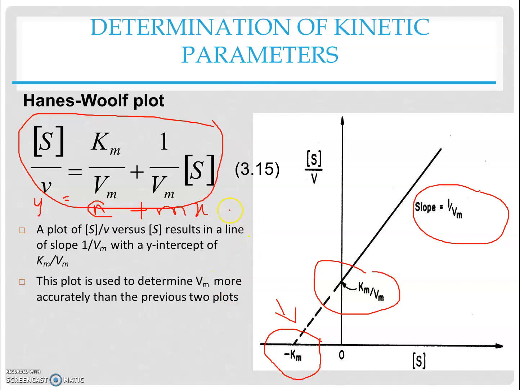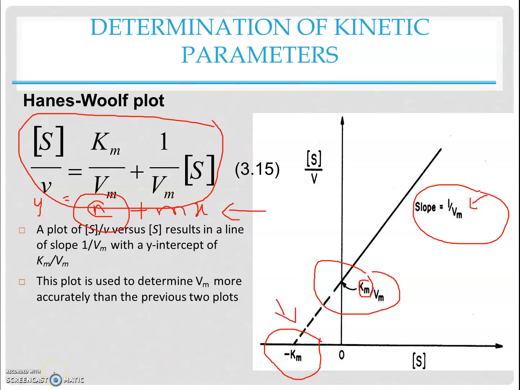We just refer to the linear line equation, and find the value of the slope first, 1 over Vmax. Then once you have the Vmax value, you use it to identify the Km value based on the value of the interception of the y-axis in the equation.